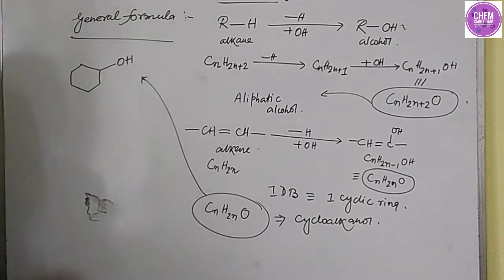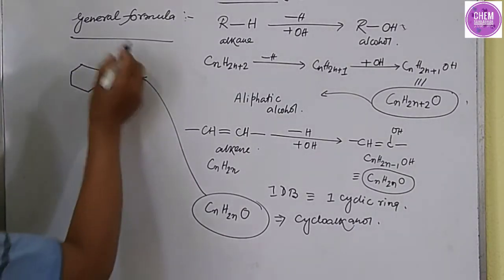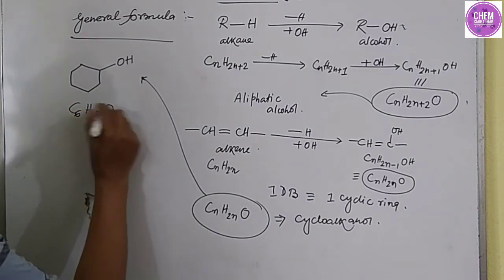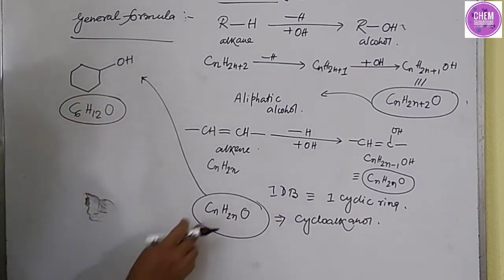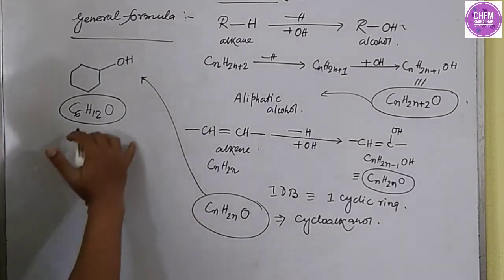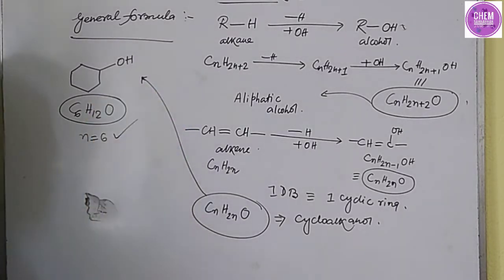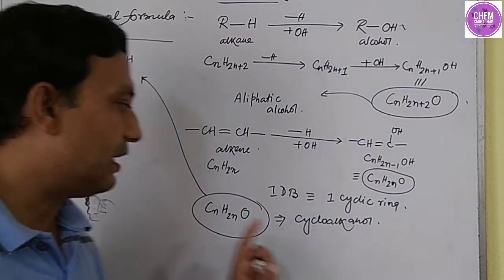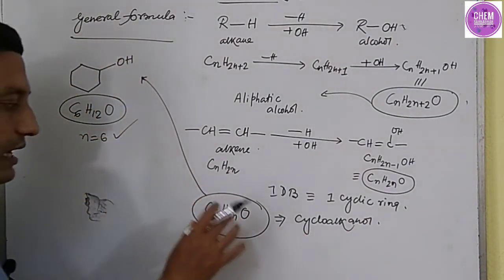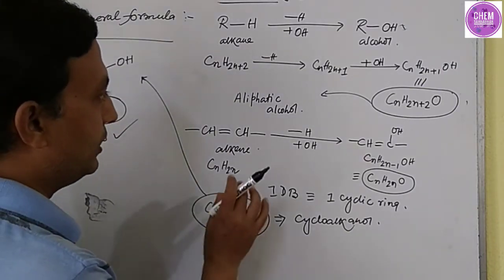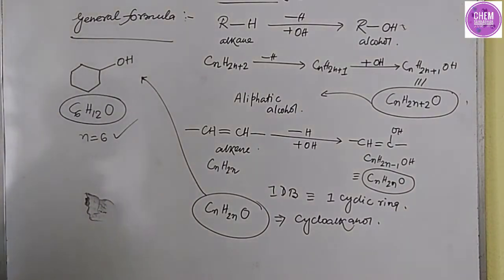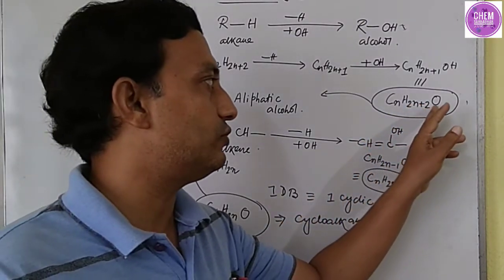Cyclohexanol means one cyclic ring is there and the hydroxyl group is present. So what is the formula? C6H12O, where n is equal to 6. So this is correct. Hence cycloalkanol has the formula CnH2nO. The alcohol derived from alkane has the formula CnH2n+2O.